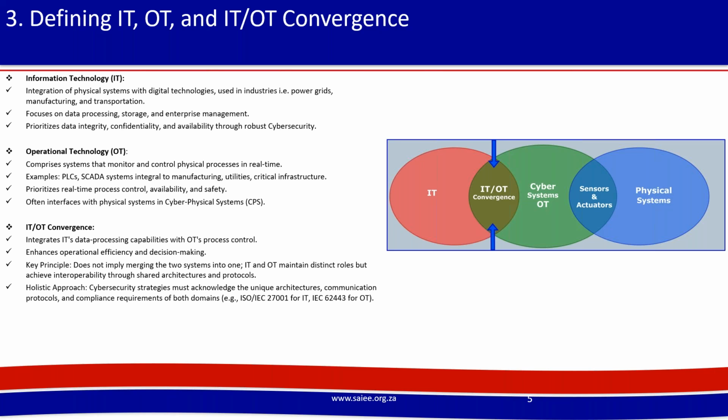When we come to operational technology, OT is fundamentally different. It's about controlling physical processes in the real world in real time. This includes systems such as PLCs, or programmable logic controllers, SCADA, and distributed control systems, or DCS, which are the backbone of our power grids, factories, water treatment plants, and so on.